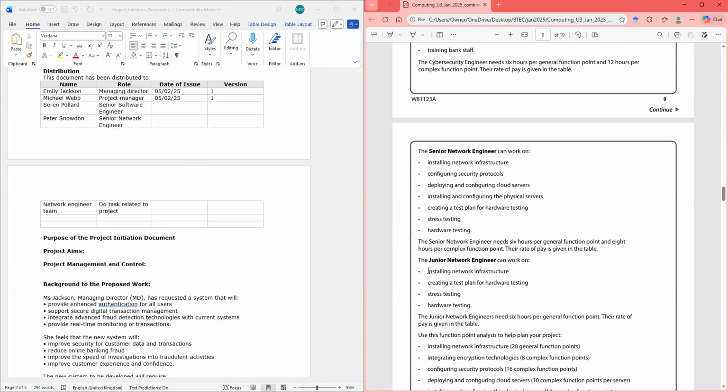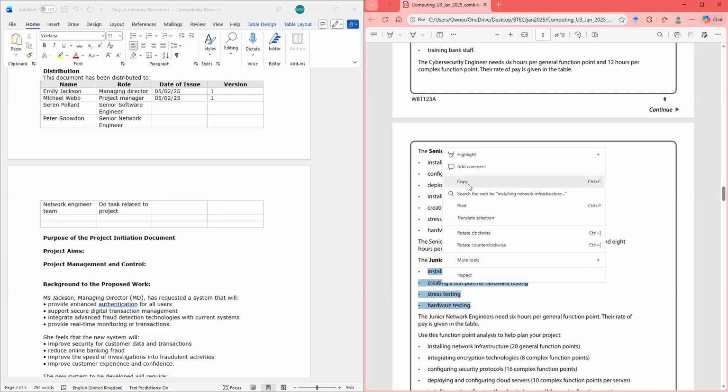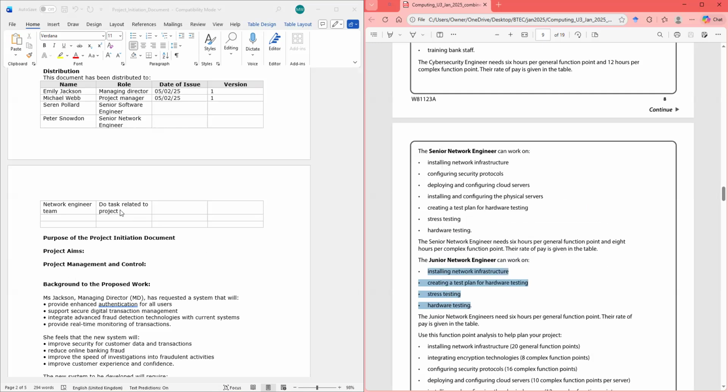And this would be their role here. So we just copy it and paste it in here.